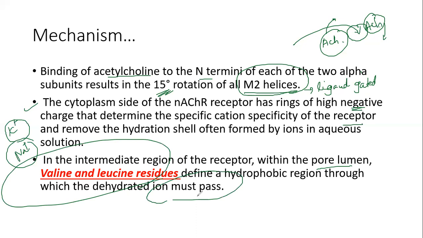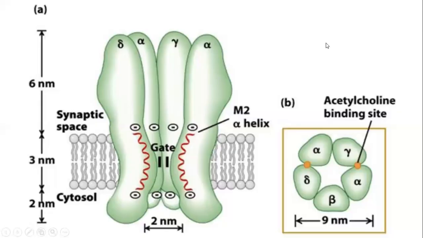So in order to remove the hydration shell of the cations, you need negative amino acids, right? And then at the center, where only the ions are present without any hydration shell, the valine and leucine are helping them to pass through the channel. Now look at the figure.